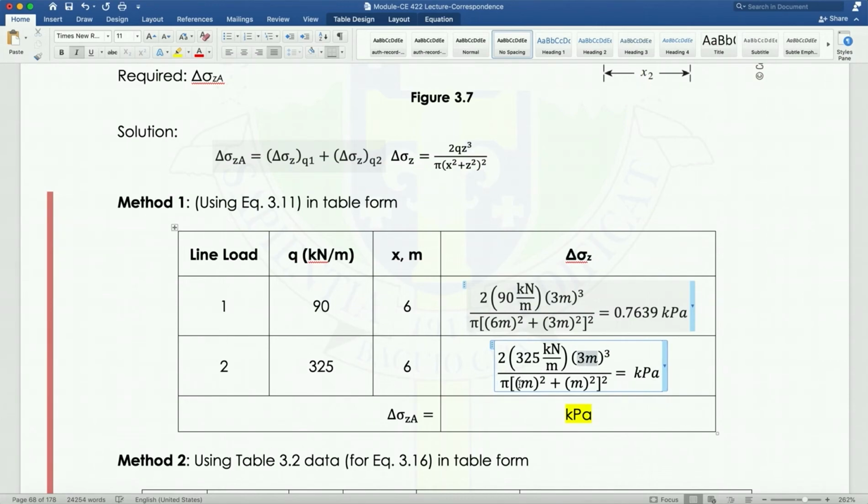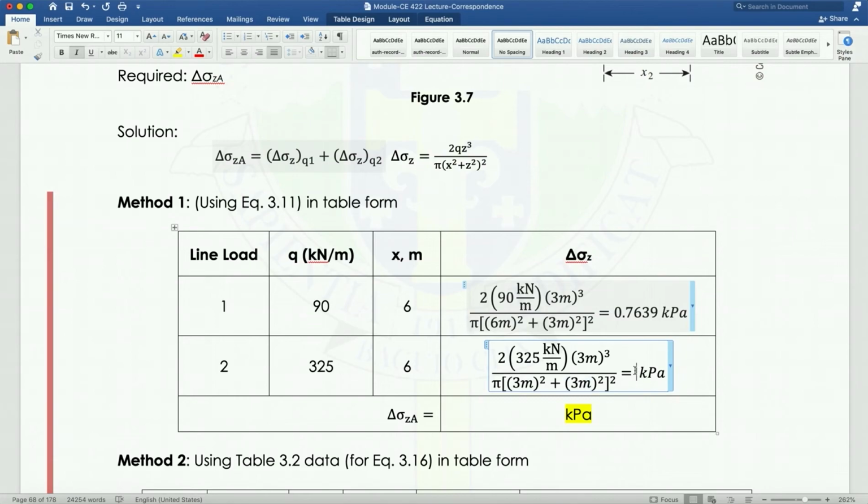Next, for number 2, we have here 2 times q, 325 times what is the z, it is 3 meters, divided by what is x. Our x here is 3 and our z here is 3 as well. Okay, so on the calculator, we have 2 times 325 times 3 raised to the third power. Then we have 3 squared plus 3 squared raised to the second power.